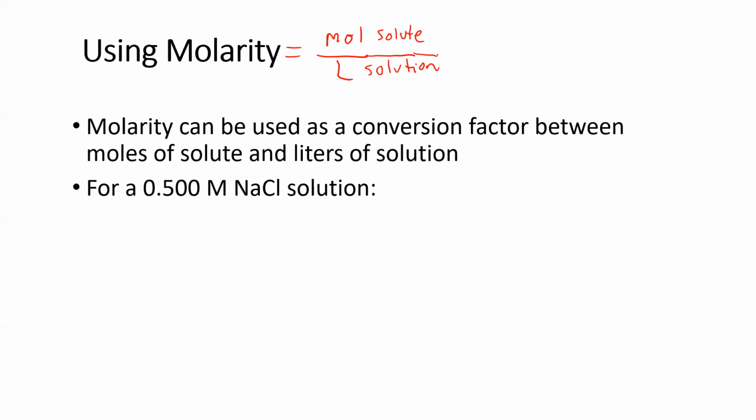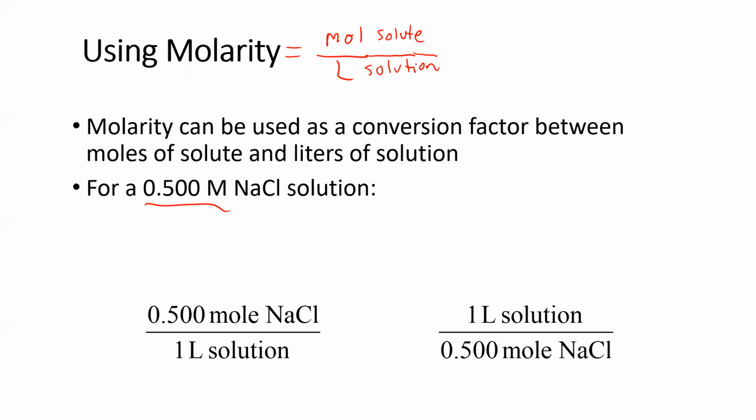So if I had a 0.500 molar sodium chloride solution, I have 2 conversion factors. Either the moles can be on top and liters in the bottom, or I can flip this to cancel out units in my calculations.